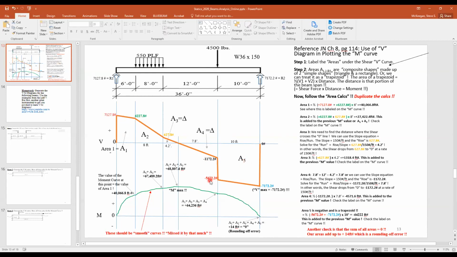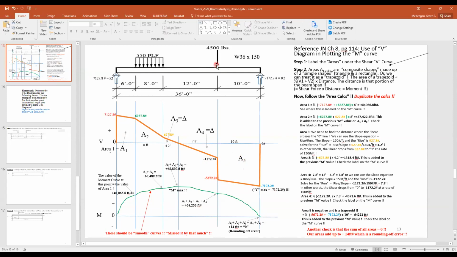The two shear values that you use for area 5 as a trapezoid are this one and this one. Some of you are saying that this shape and this shape make one area, because I think in beam B1 you combined the first two areas.